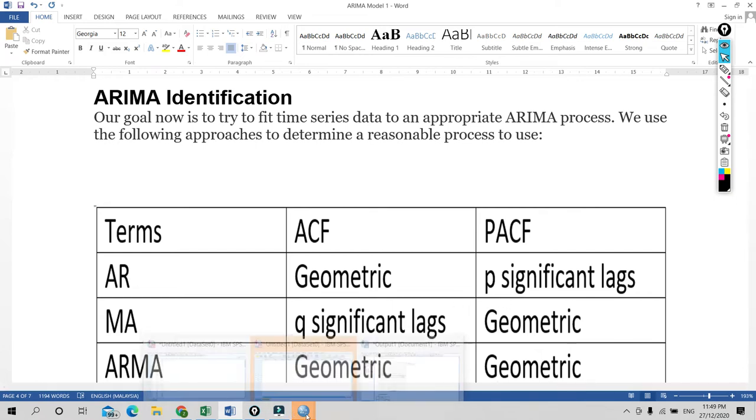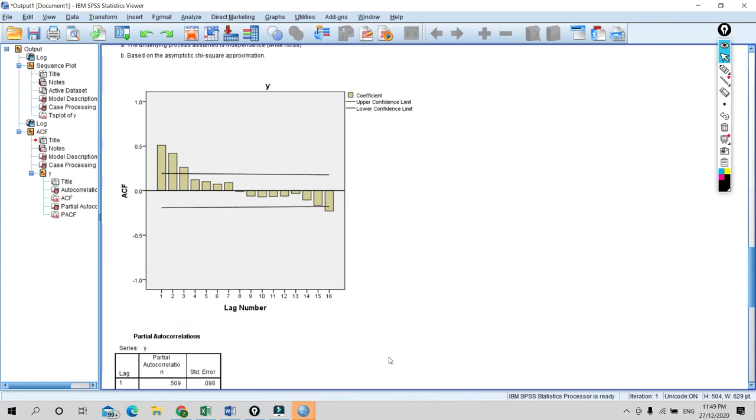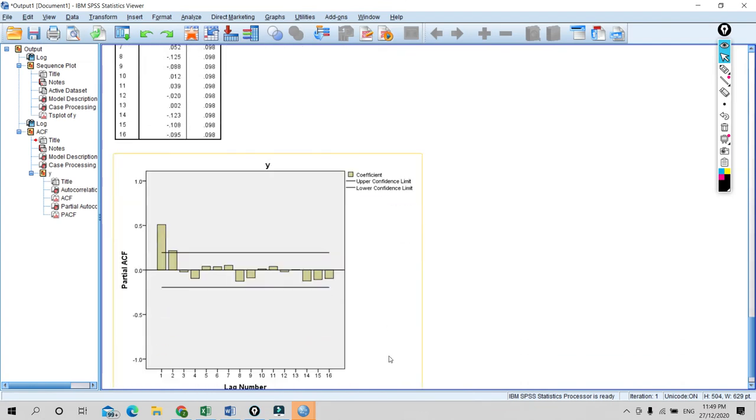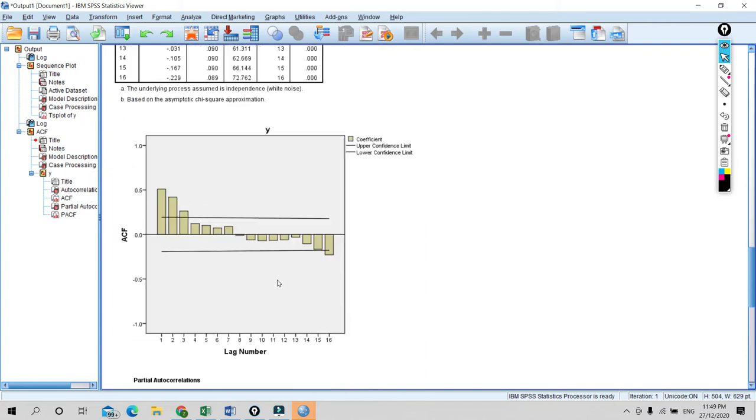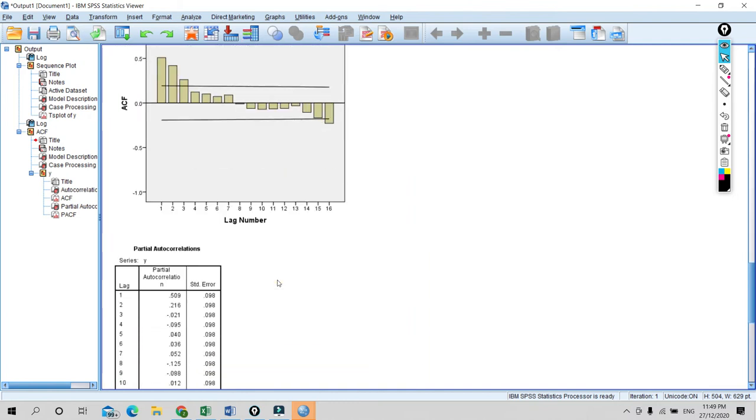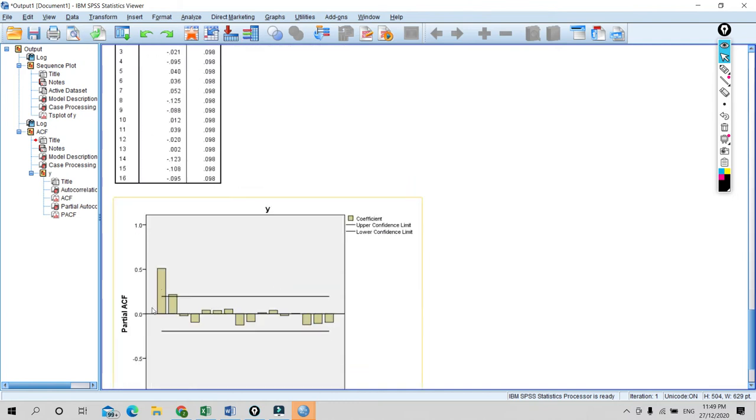So by looking at this graph, we can see that the PACF here has two spikes. If I refer to the AR model, there are two spikes here.